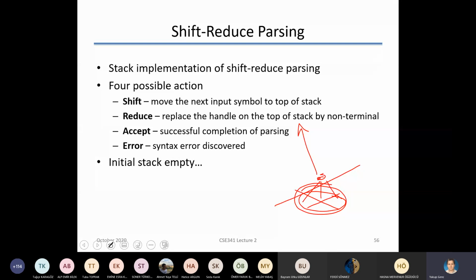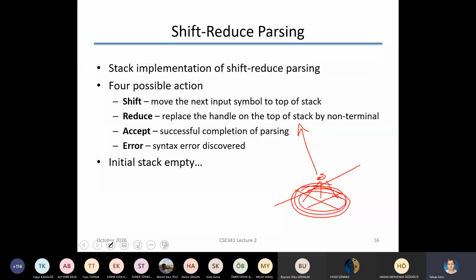All right. So these are the 2 actions that you do. You either do a shift, meaning you put input on top of the stack, or you do a reduce by looking at the top of the stack. If there is a branch that can be cut off or replaced by a non-terminal, you would do that. And then there are 2 other possible things. One is accept, meaning a successful completion of parsing.